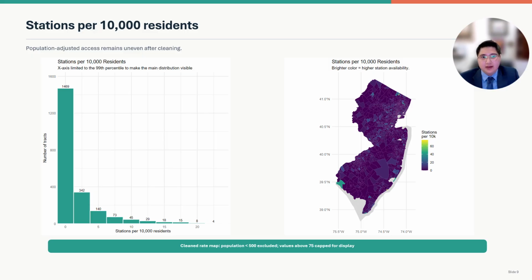The map shows where those higher-rate tracts appear geographically. For this map, tracts with population below 500 are excluded because a very small population can create misleading, large per capita rates. But the key point is that even after cleaning, population-adjusted access remains uneven.